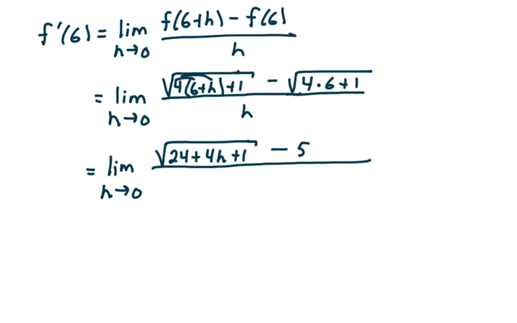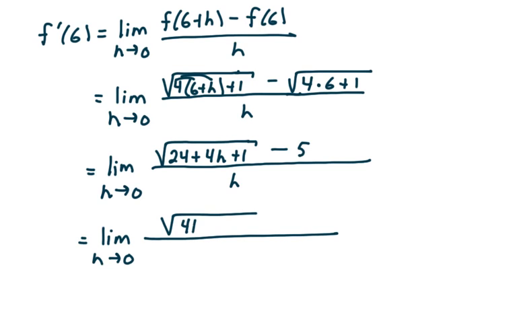So we're going to subtract 5 and divide by h. And so this is the limit as h goes to 0 of the square root of 4h plus 25 minus 5 divided by h.